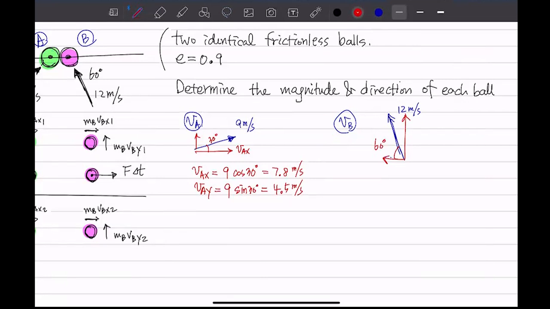Let me just write this down, VBX, and that is going to be negative 12 cosine 60, because this velocity cosine 60 becomes a velocity pointing towards the left, right?